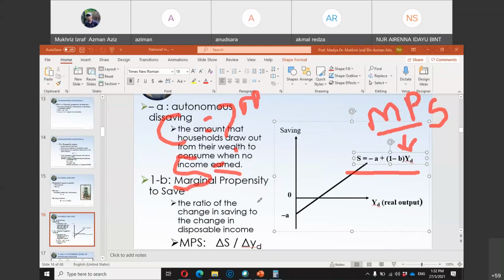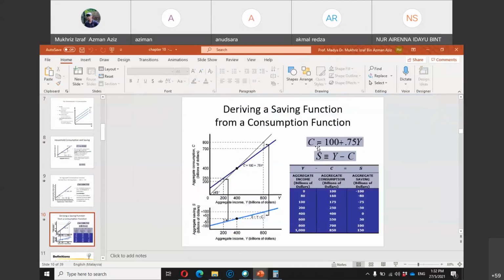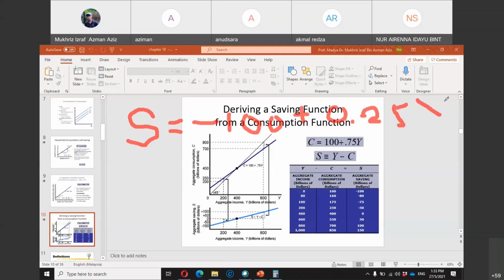For example, if we look at this slide again, what will be the saving function? If C equals 100 plus 0.75Y, then the saving function will be S equals negative 100 plus 0.25Y.